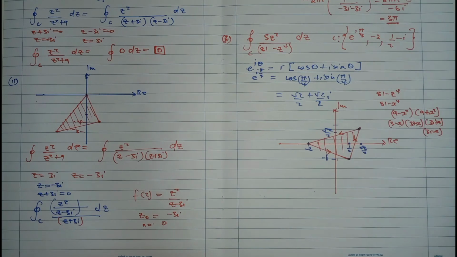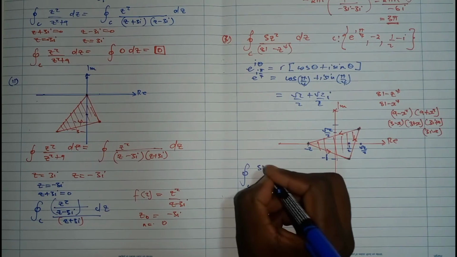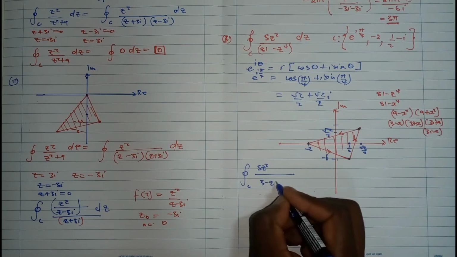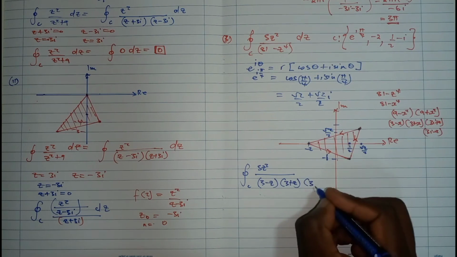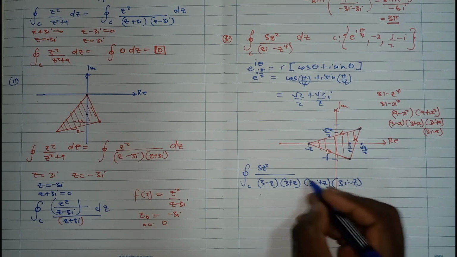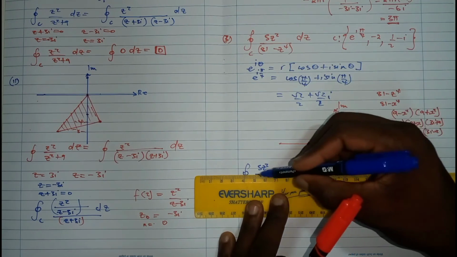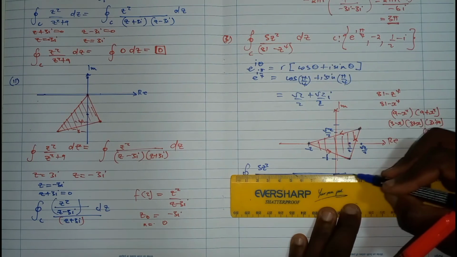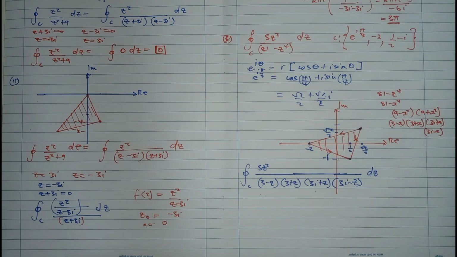So I'm going to write that the integral over C of 5z squared divided by 3 minus z, 3 plus z, 3i plus z, 3i minus z. Okay, like this one. Let me just use arrow to draw. And I'm going to write the z right here.